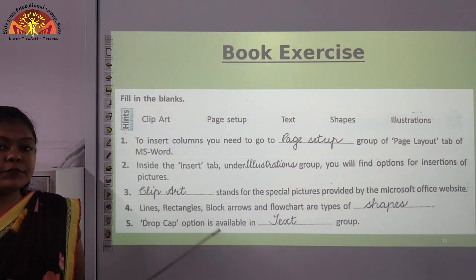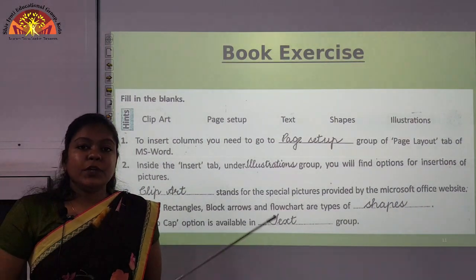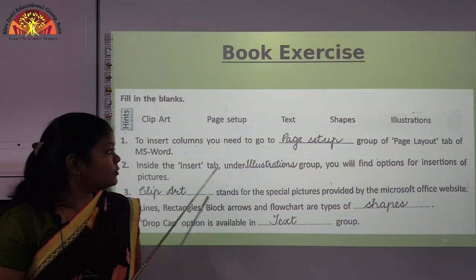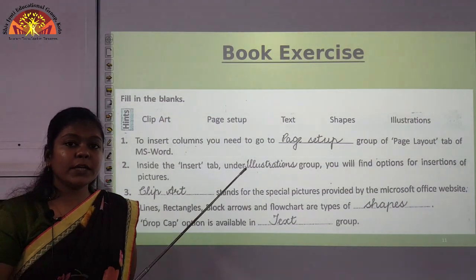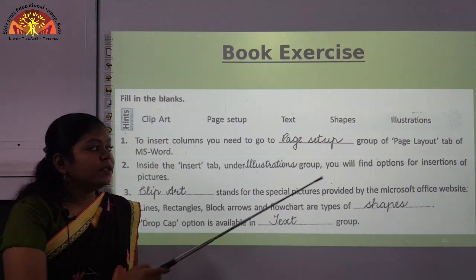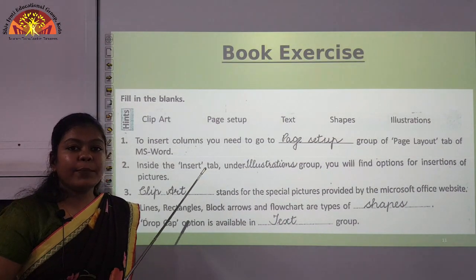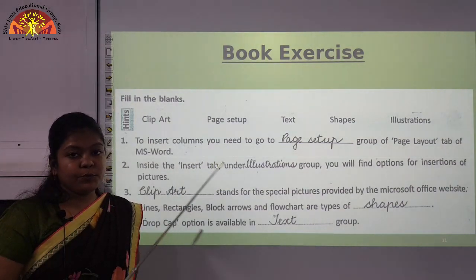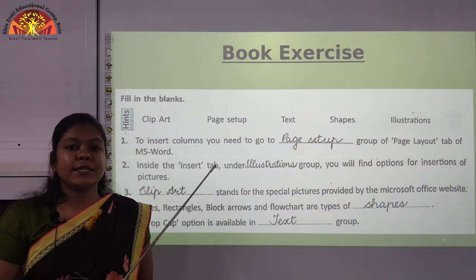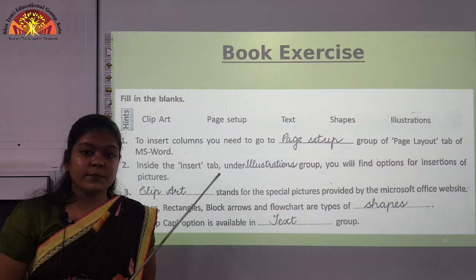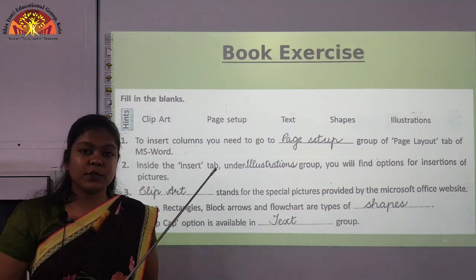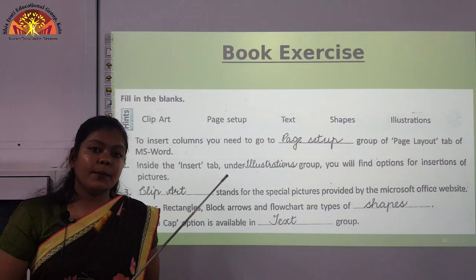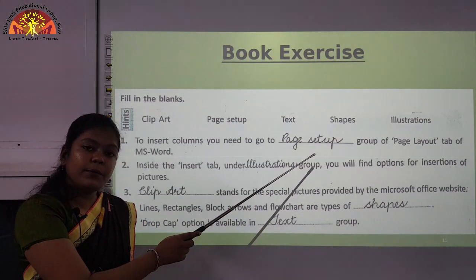So, you have to write the name of the group which is used to insert column in the MS Word, in the page layout tab. Students, in the page layout tab, we have page setup group. In the page setup group, we have columns option. By clicking on the columns option, you can insert the columns in your MS Word document. So, you have to write here page setup.